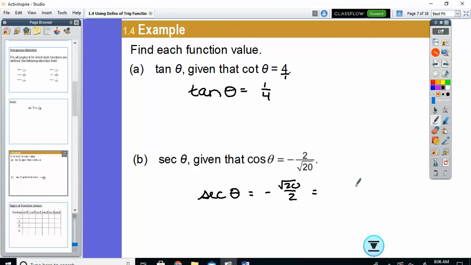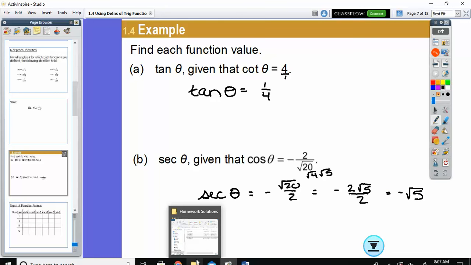No. What can you do with the square root of 20? Radical 4, radical 5, so that's -2 radical 5 over 2. The 2's drop and we just get negative radical 5.